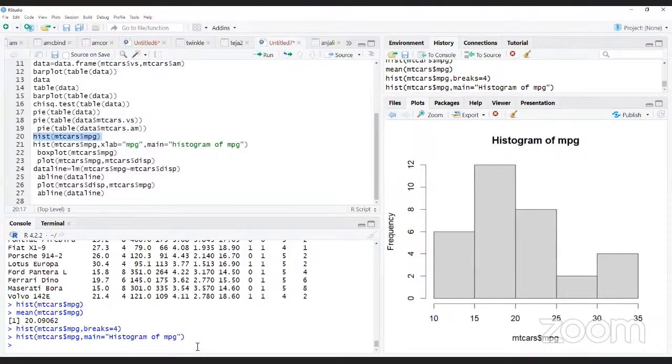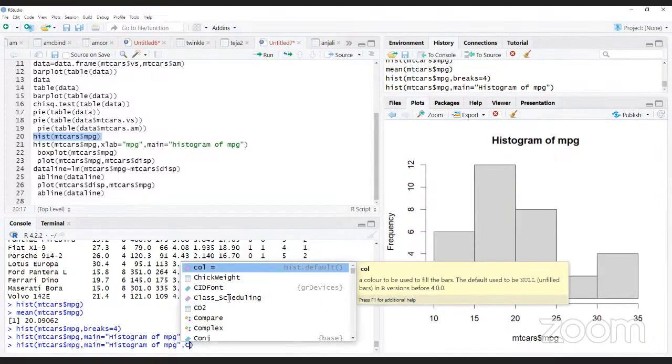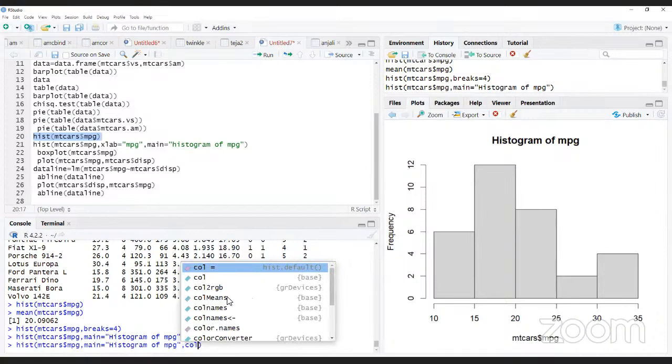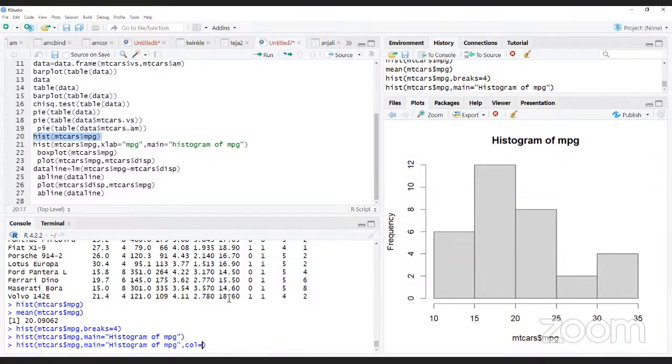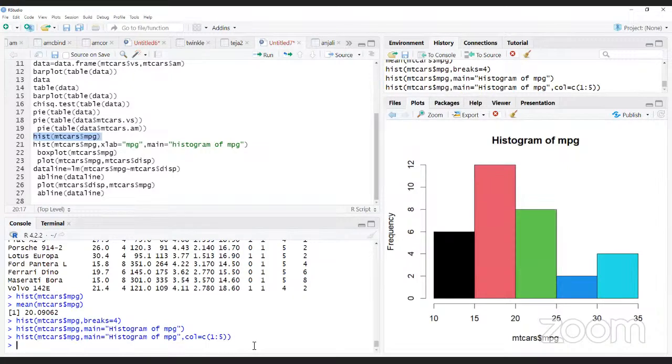Okay. Now again you write down the same thing just above. After MPG, double inverted comma, comma, then you write down col, small letters, equal to c(1:5). Then enter. Okay.